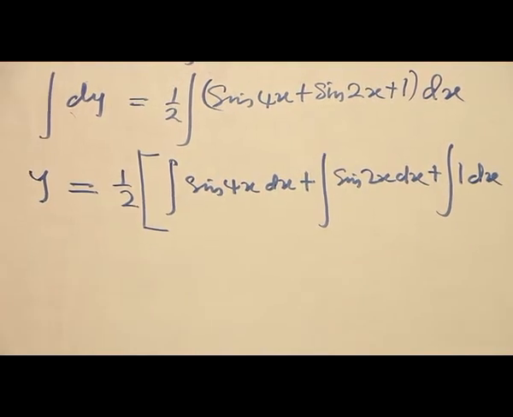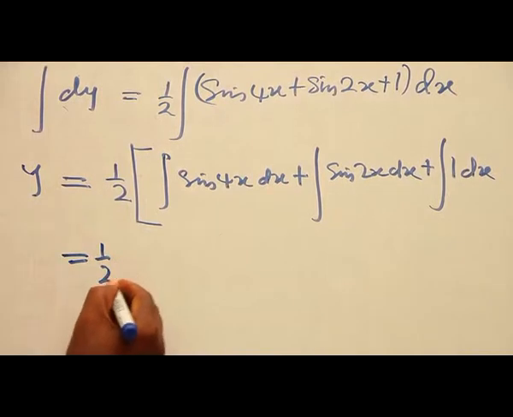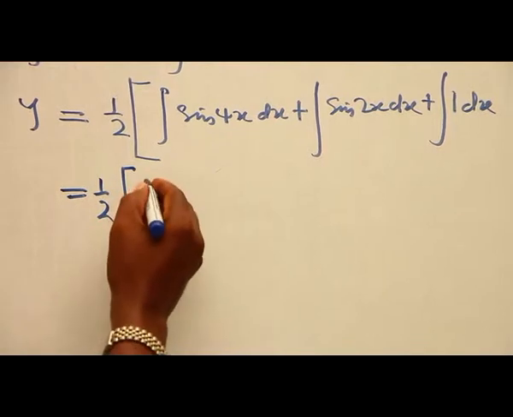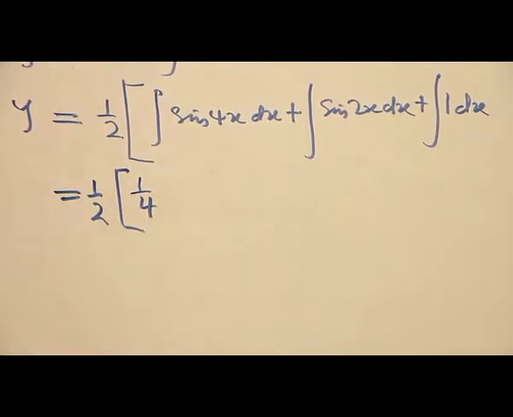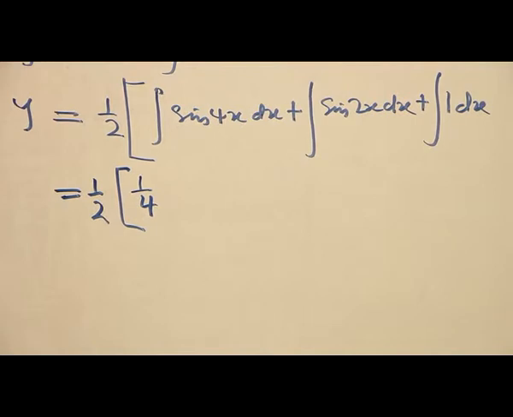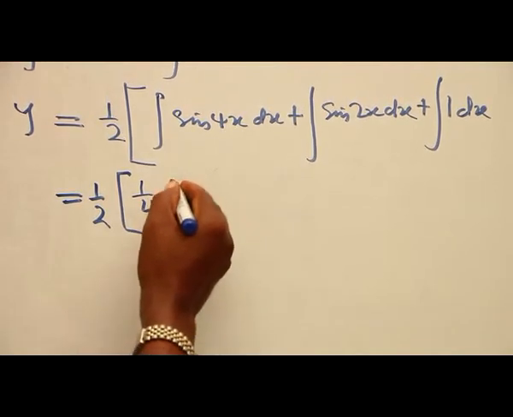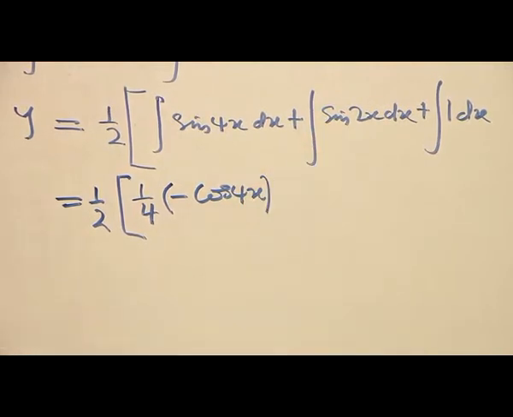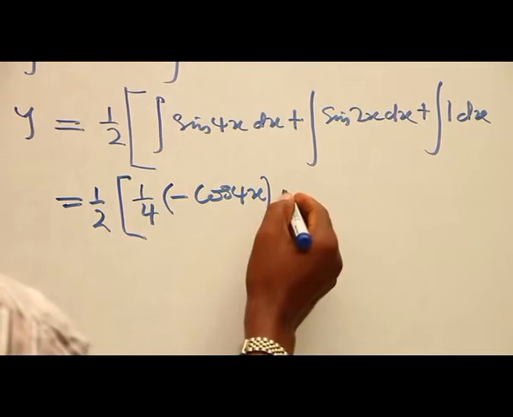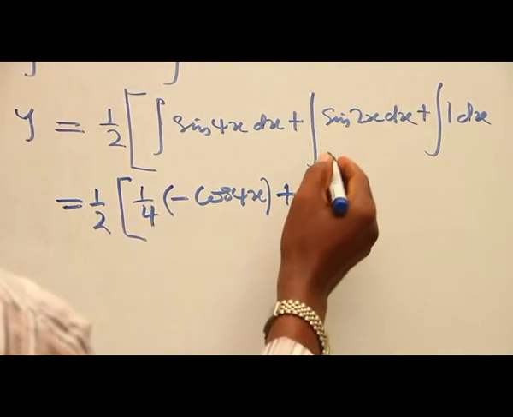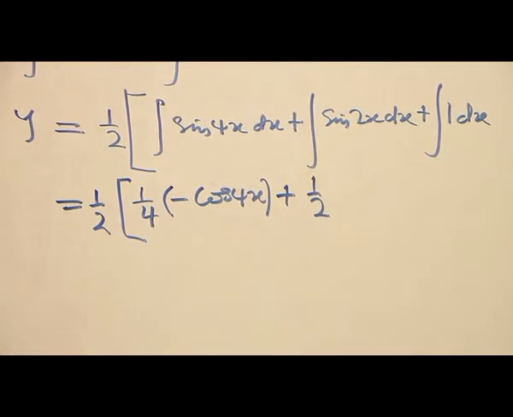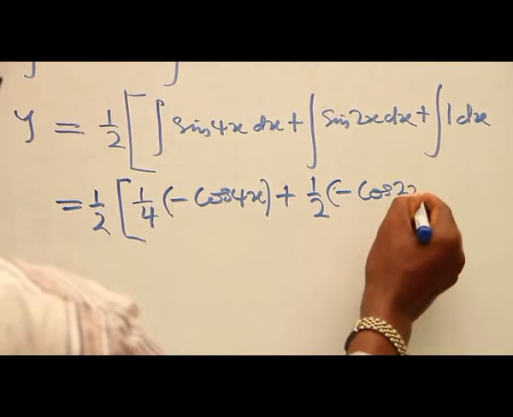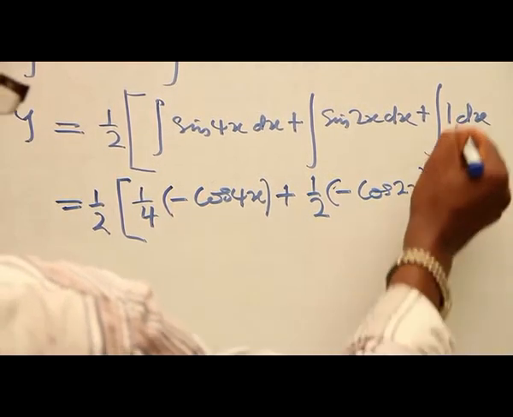So in this regard, we have here our half into, if you integrate sin 4s, you will have 1 over 4. Then what do you differentiate to get sin? You differentiate minus cos, so minus cos 4s. And then for sin 2s, the same thing, we have this as plus half, and then what do you differentiate to get sin 2s? You differentiate minus cos 2s. Close that. Plus, we have 1.